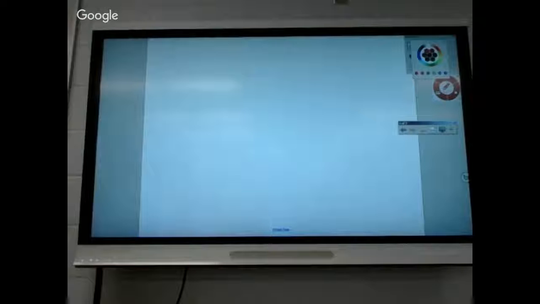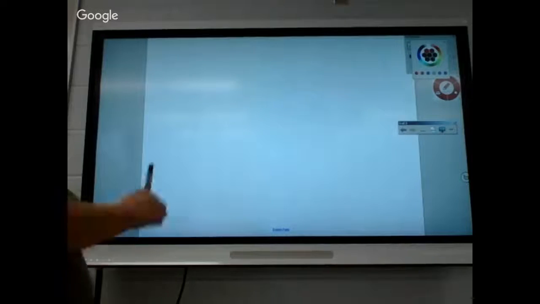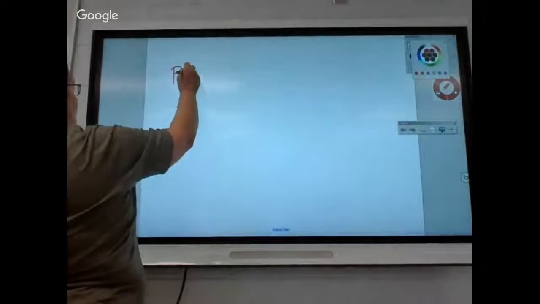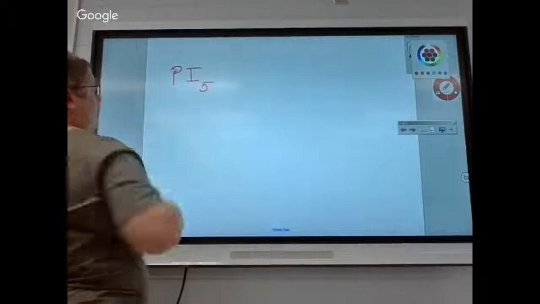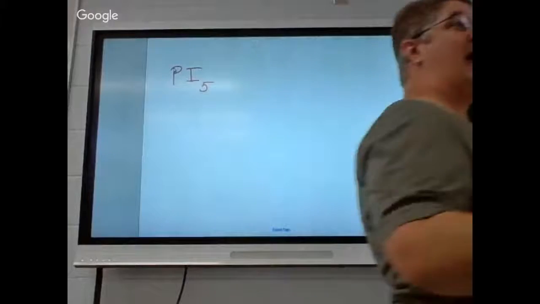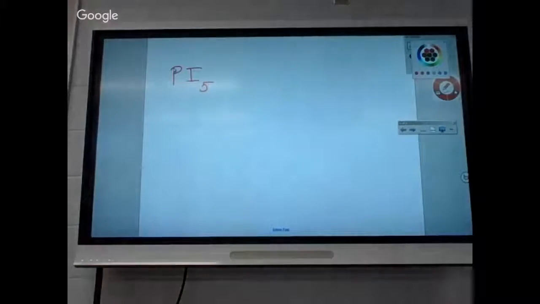Now, suppose we have one like PI5, and we want to write its name. Again, we're doing it in stock. If we write it in stock, the biggest issue for most students is figuring out was it or was it not reduced?